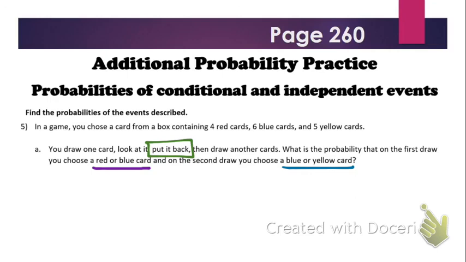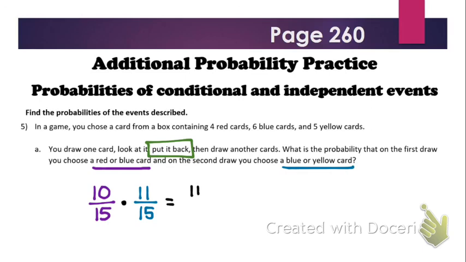What are the fractions that I would multiply together for part A? 10 out of 15 for picking red or blue. And you said what for the second one? 11 out of 15 for blue or yellow. Why is the denominator the same both times? Because he put the card back.